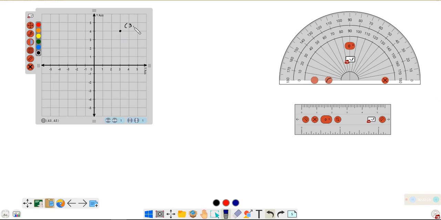So, our point is at 3, 4. Drawing tayo ng line. Ayan. So, our r is the length from the origin to the point 3, 4.